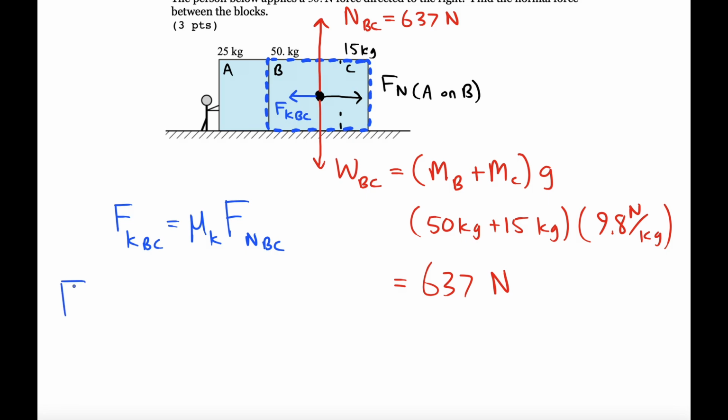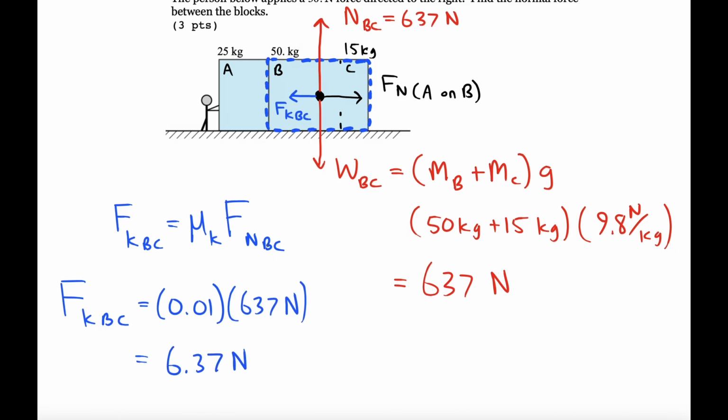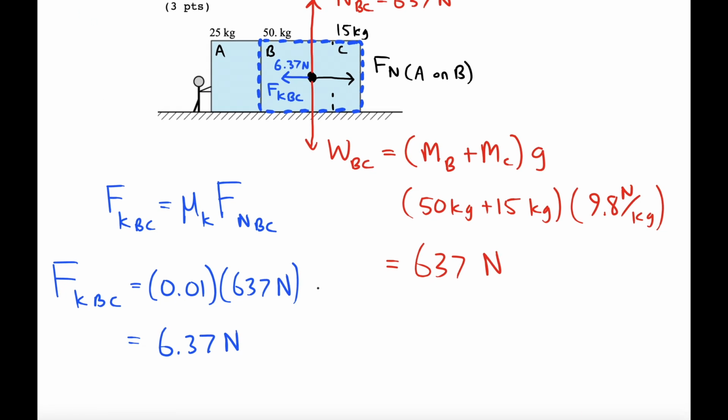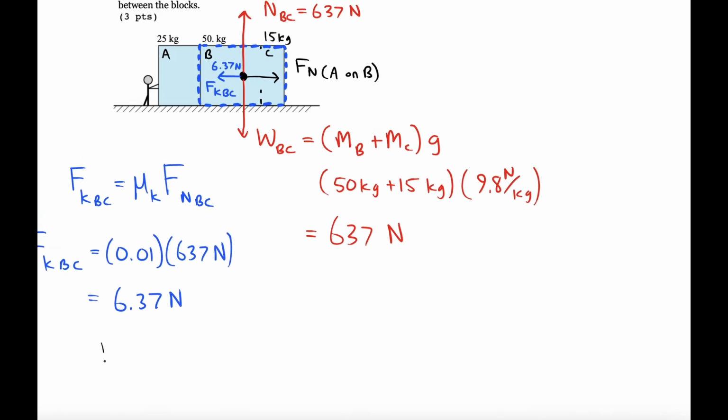So let's do this. We have 6.37 newtons of friction acting here, and so that has to be taken into account when we do our Newton's second law.